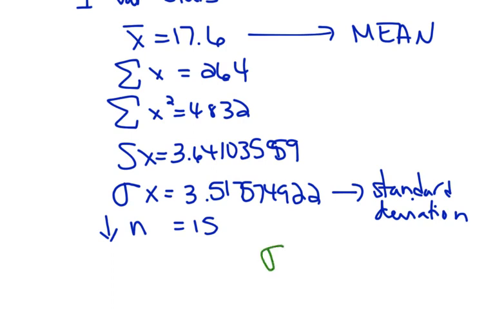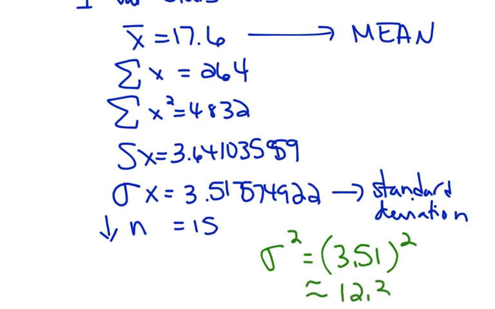How do you find the variance? The variance is this squared. So if you take your 3.51 and you square it, you should just get the variance, which is approximately 12.32. So even though it didn't give it to you, you can find it very quickly by just taking the standard deviation and squaring it.